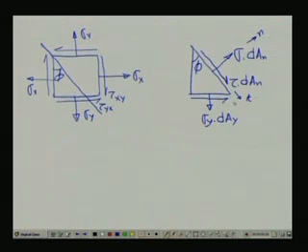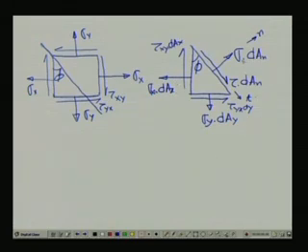Shear stress here will be tau yx into dAy. Similarly, the force in this direction is tau xy into dAx, and this one is sigma x into dAx. Is it all right? I think we have covered all the forces.